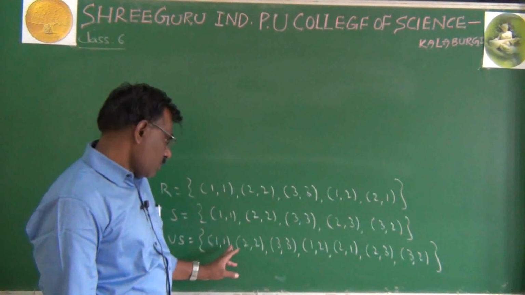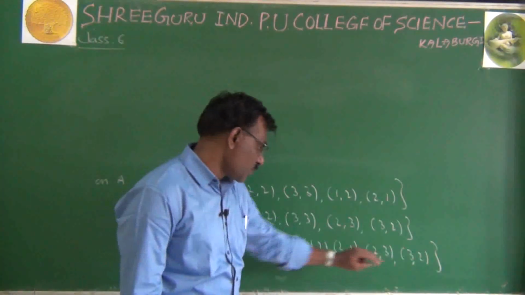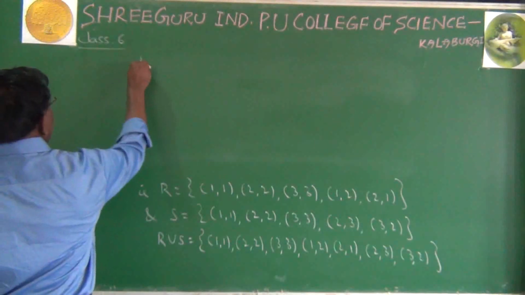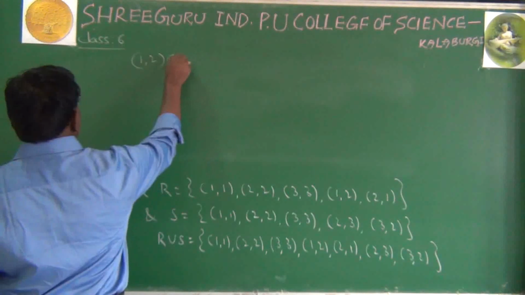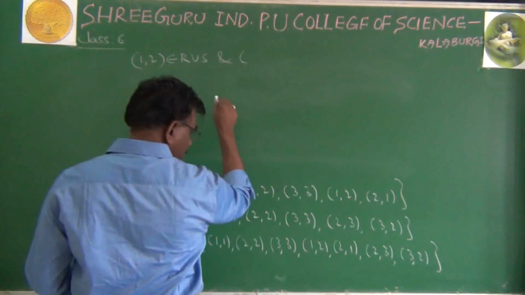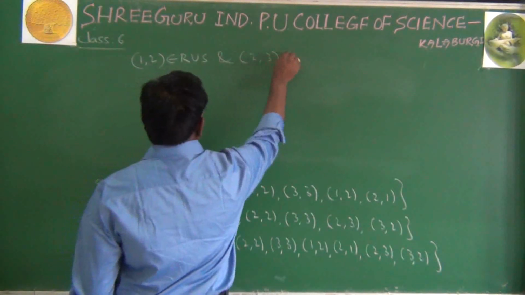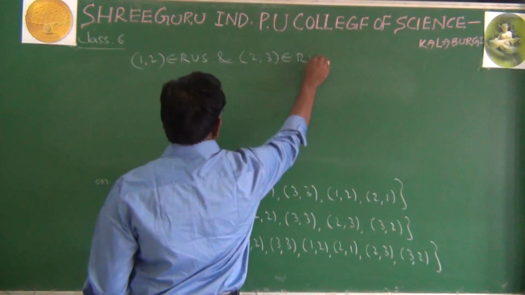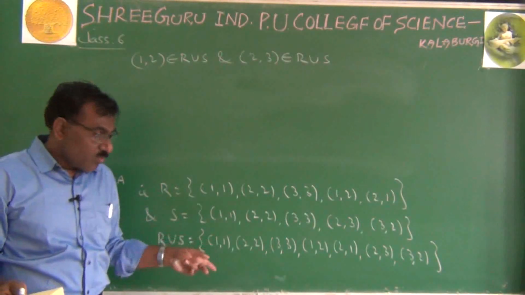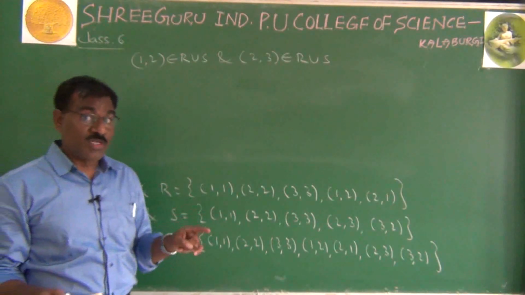Now (1,2) and (2,3): what is the answer? (1,3). Yes, (1,2) belongs to R union S, and (2,3) belongs to R union S. Symmetry was easy, but transitive you have to check.